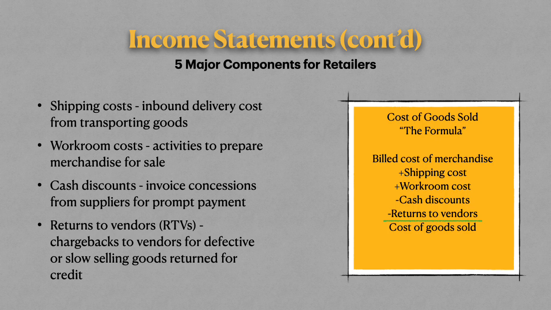Your shipping costs are going to be those inbound delivery costs from transporting goods. Your workroom costs are going to be the activities to prepare the merchandise for sale. Your cash discounts are going to be invoice concessions from suppliers for prompt payment, and your returns to vendors are going to be your chargebacks to vendors for defective or slow-selling goods returned for credit.